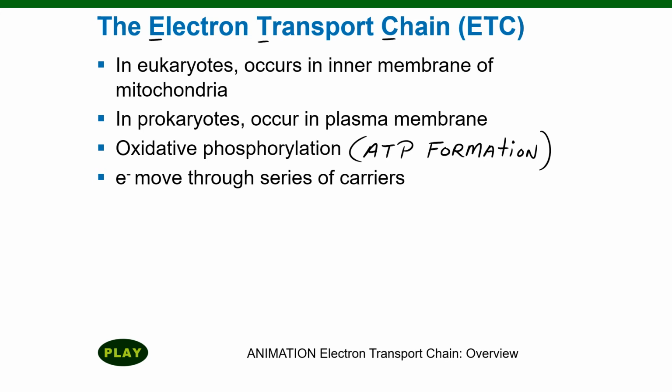So I'm going to cross out the word carrier here, only because I don't want anyone to think that carriers is referring to NADH and FADH2 as we previously talked about electron-carrying molecules. Here we're referring to electron-carrying complexes. And they're labeled complex 1, complex 2, 3, and 4. And these electron-carrying complexes are housed in the electron transport chain. And so we'll see that figure in the next slide.